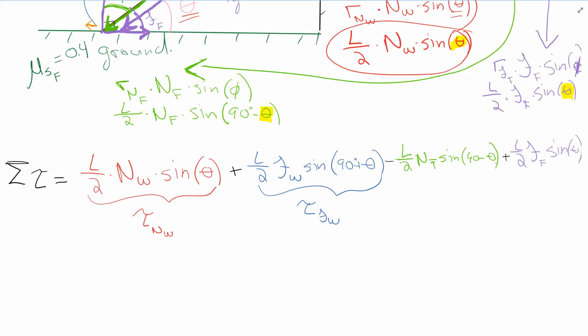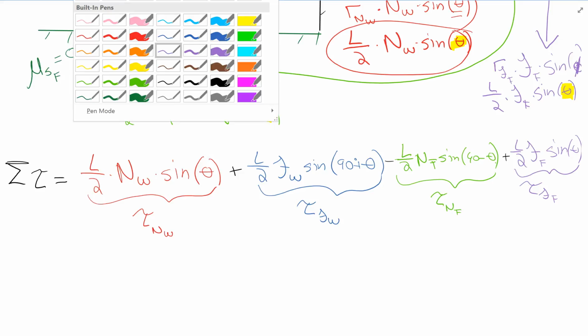That whole term right here was the torque from the normal force of the floor. And lastly, this term right here is the friction force from the floor. Okay, so I've got all of these, and what I know is that all of this should equal 0.